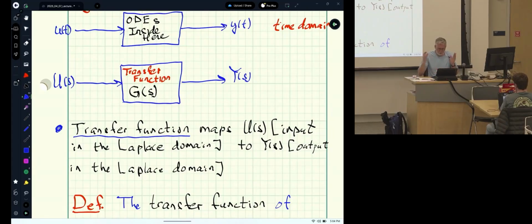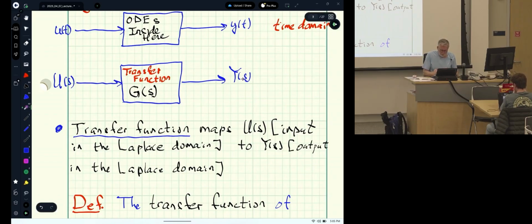So the beautiful thing here is the signal U of s, you know, here it's differentiated and all this crazy stuff and solution is being computed, and then y of t magically comes out. Here it's very tame. U of s gets multiplied by G of s and we get Y of s, okay? So it's super simple in the Laplace domain, in the frequency domain.